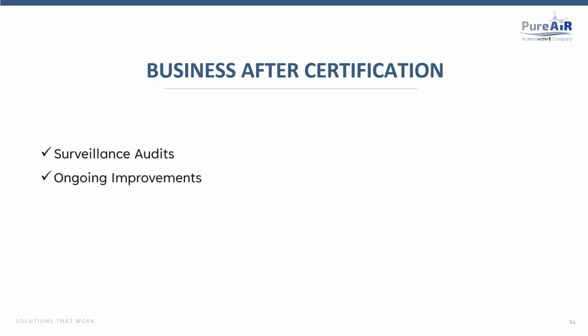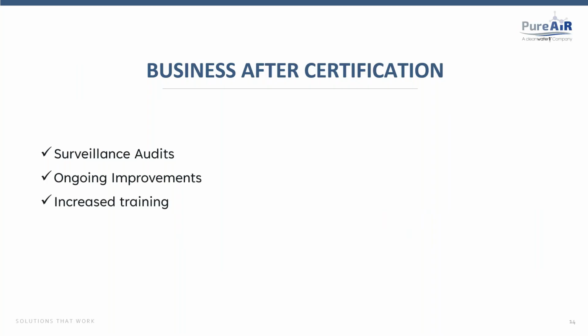Another thing is ongoing improvements. One of the big pushes by ISO is ongoing improvement. No company, I would say, is exactly perfect as they are. There's always some way it can be worked on. Processes could be improved. New technology comes out, that always improves things. So one of the big pushes is finding gaps, finding where improvements could be made and implementing them.